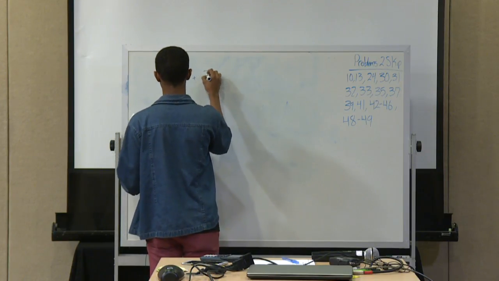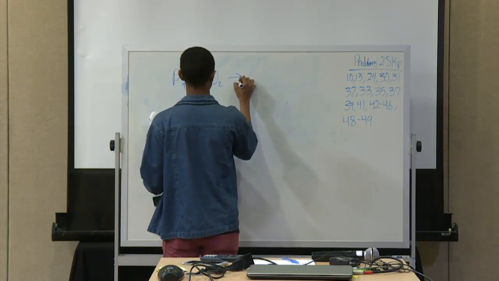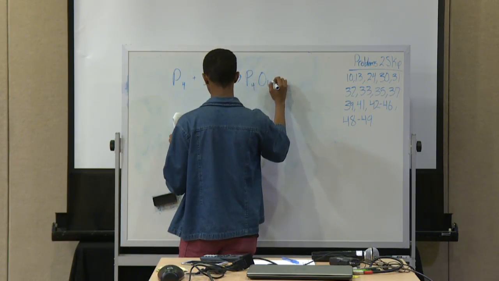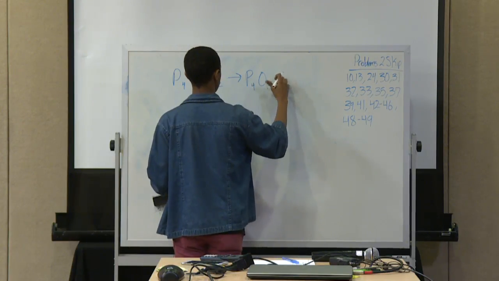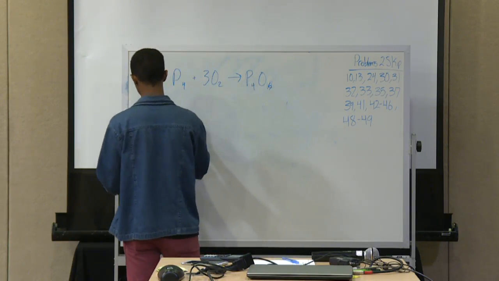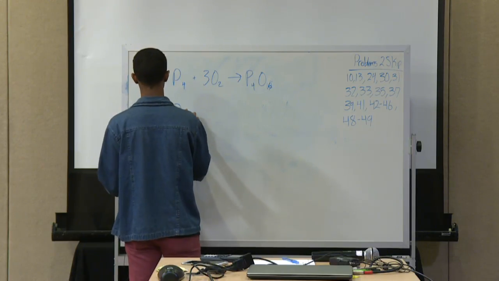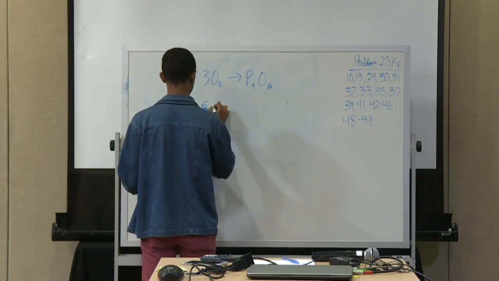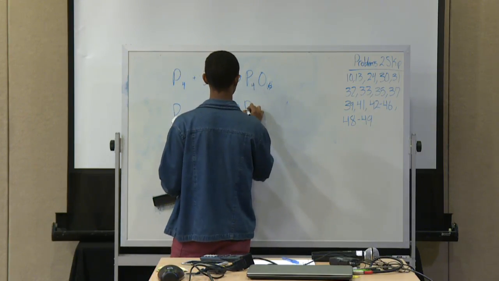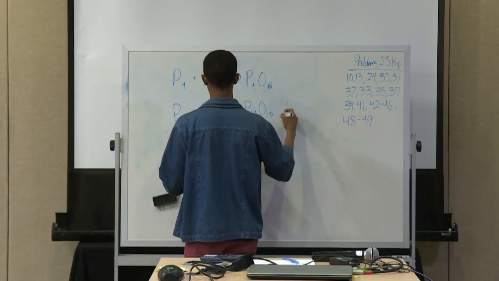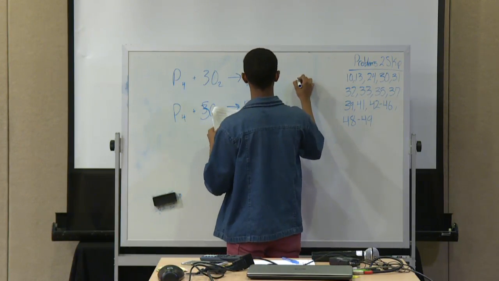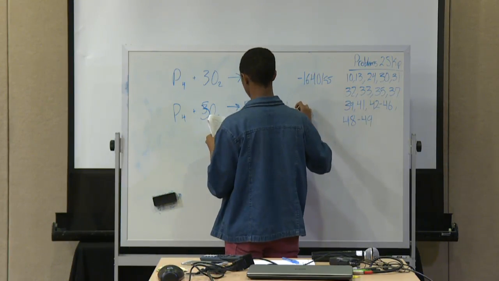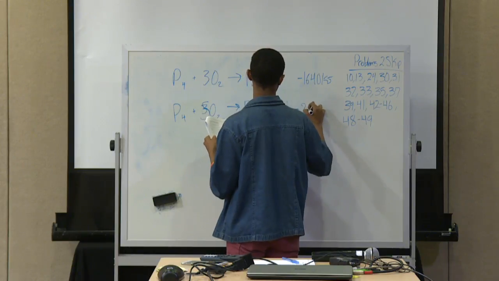P4 plus 3O2 gives P4O6. And this one is P4 plus 5O2 gives P4O10. And this delta H is negative 1640 kilojoules. And this one is negative 2940.